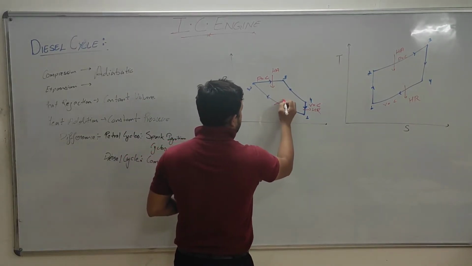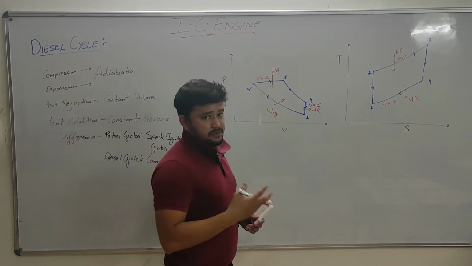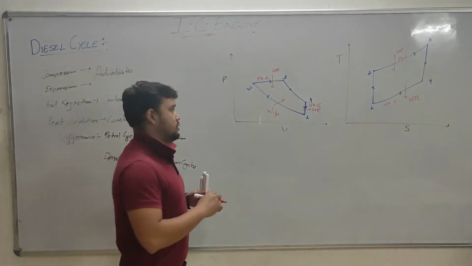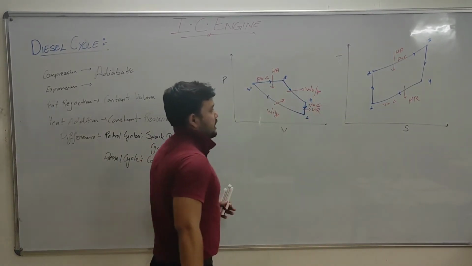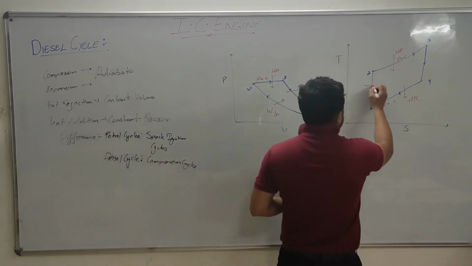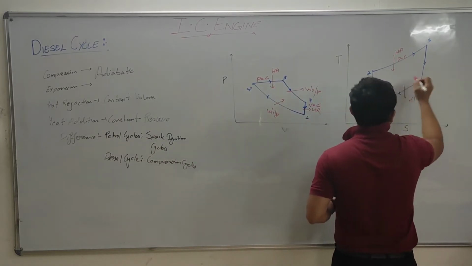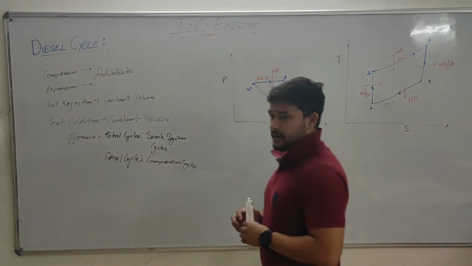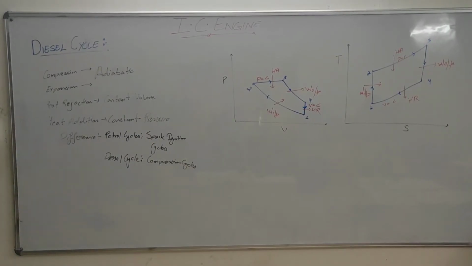And during the expansion stroke, which is 3 to 4, you will get the power stroke, the net work output. So you give some work input and you get some work output. So this will be the PV and TS diagram of the diesel cycle.